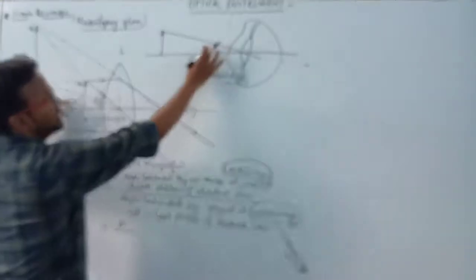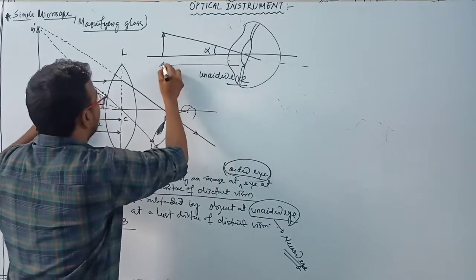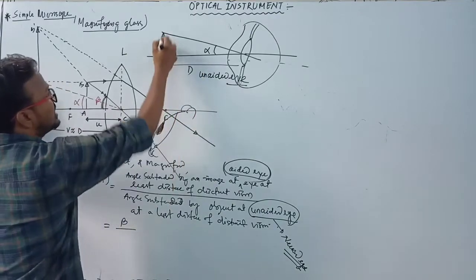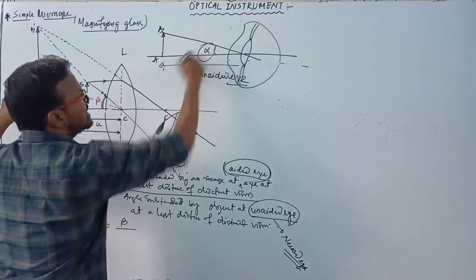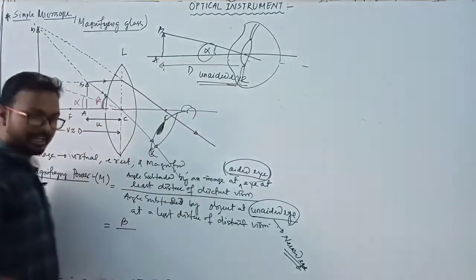This is the object, which is situated at the least distance. So this distance is d, and this is object AB, and this angle is known as alpha, which is the unaided eye, meaning naked eye. Clear?